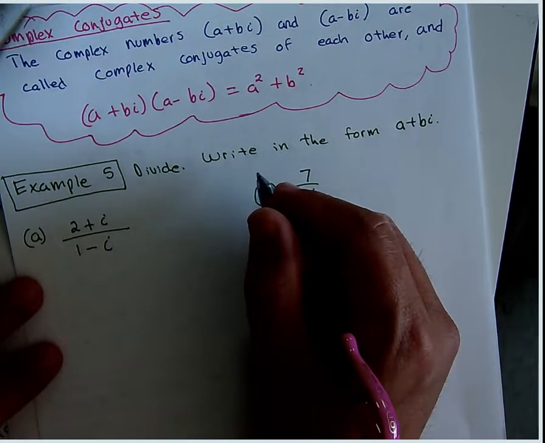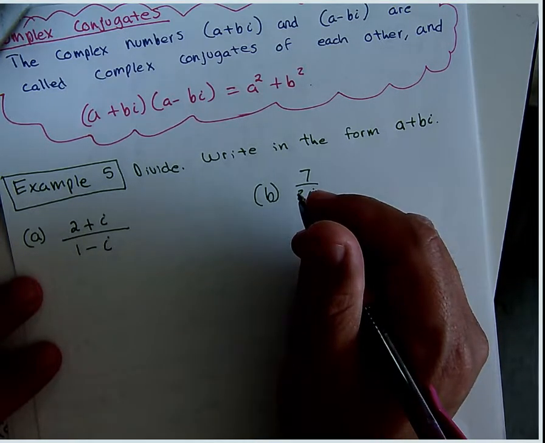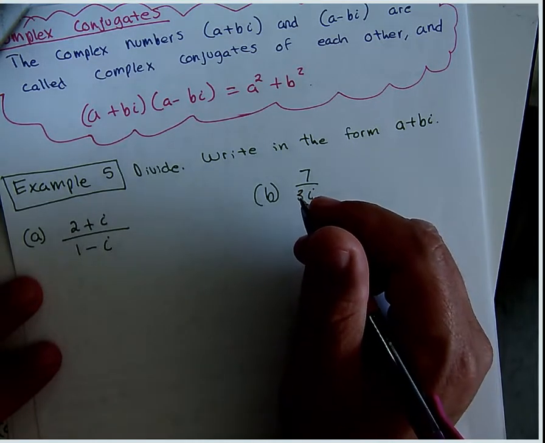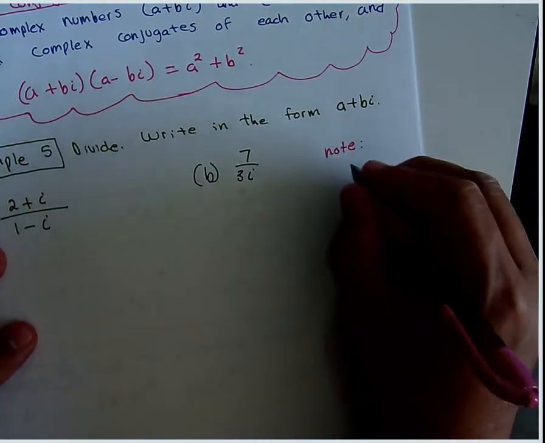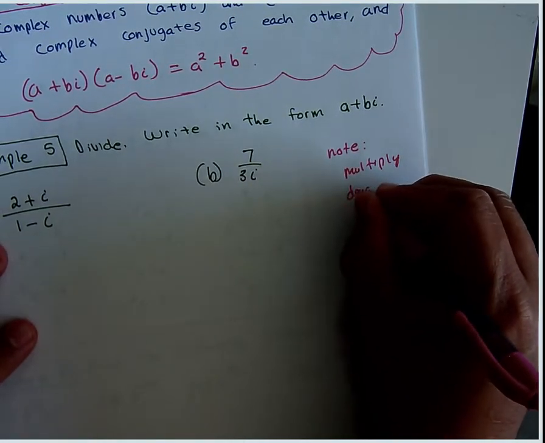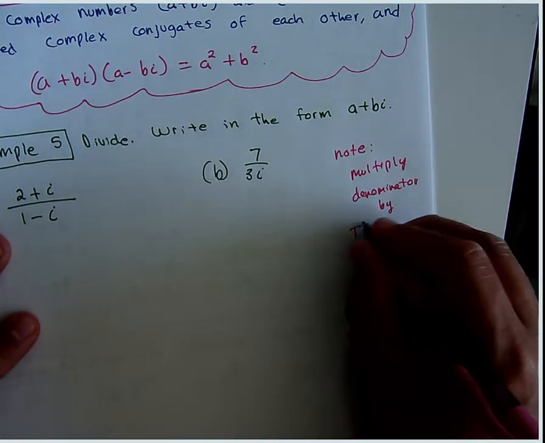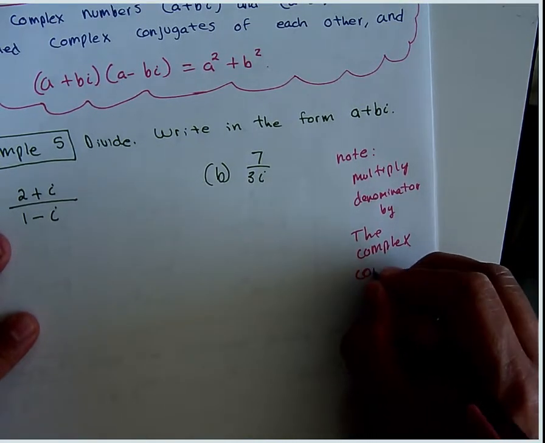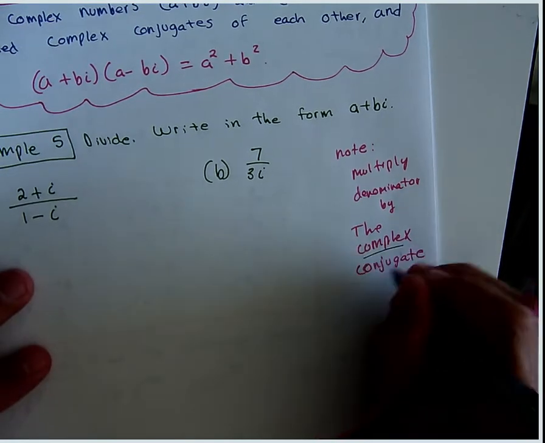For these ones, we're going to use the conjugate. Multiply the denominator by the complex conjugate. So remember this stuff.